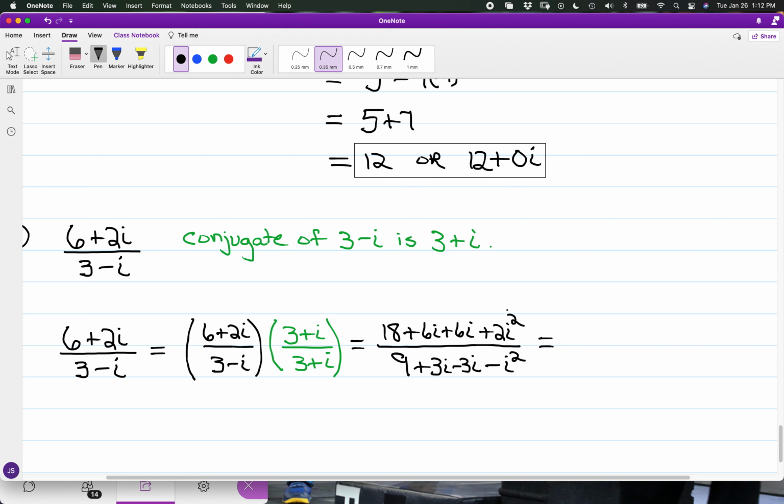So for right now, we've got 18 plus 12i. And for 2i squared, we have 2 times negative 1. And for 9 minus i squared, this would be 9 minus, so we have negative 1.